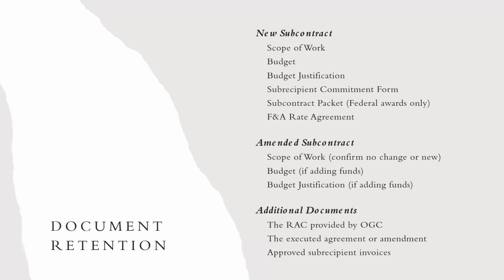So this is more the responsibility of Cayenne Fiscal to collect, but we wanted you to be aware that these are the requirements. If you're ever wondering why we ask for the scope of work each year, or we're asking for specific documents when we create a new subcontract, we need to make sure that these documents are being saved for each of our subcontracts.